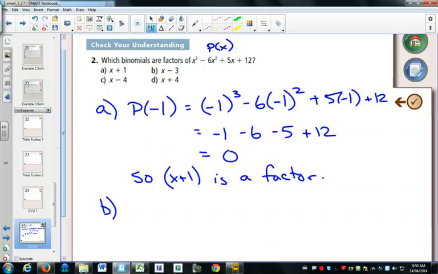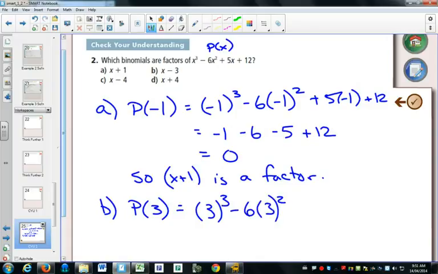For B, since we're dividing by x minus 3 and we want to check if x minus 3 is a factor, we're putting in p of 3. So you're noticing you're always checking the opposite of what is the constant in that binomial. 3 cubed minus 6 times 3 squared plus 5 times 3 plus 12.